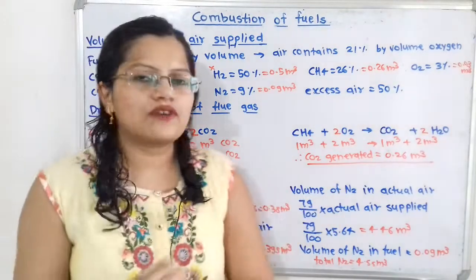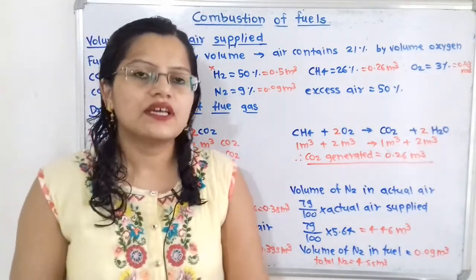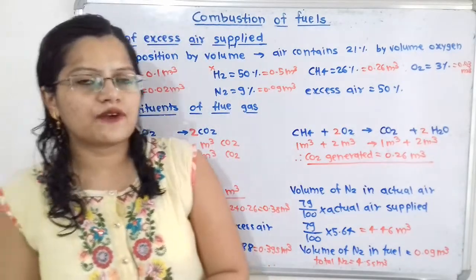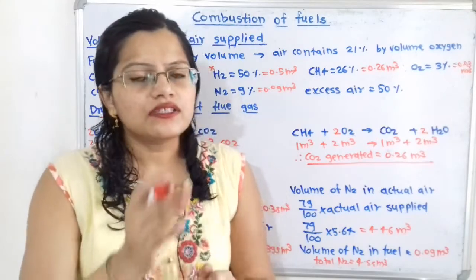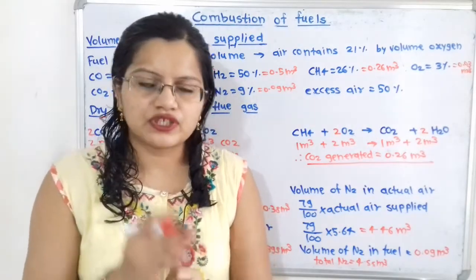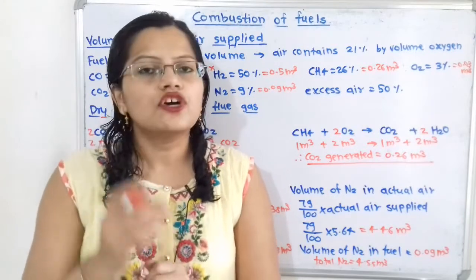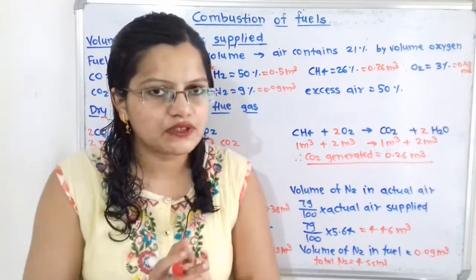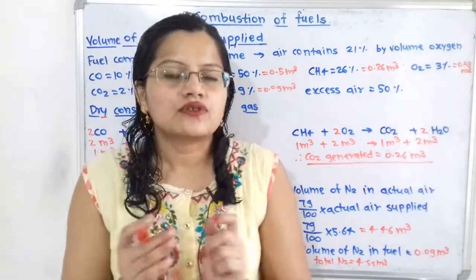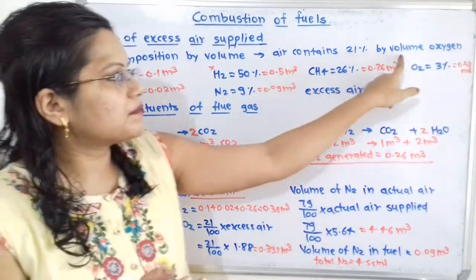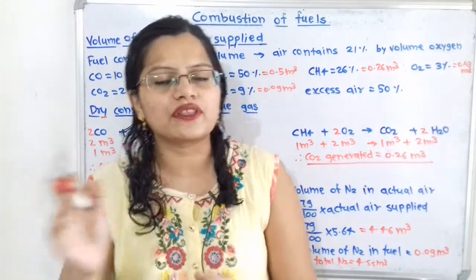Now we will calculate the volume of nitrogen, which will also be present in the flue gas. This nitrogen comes from the minimum amount of air required for combustion plus the excess amount of air that is supplied. So we have to take the addition of these two, that means the actual or total air. Here 21% by volume is oxygen, so the remaining percentage is nitrogen.